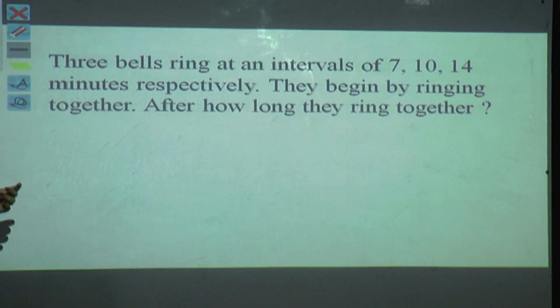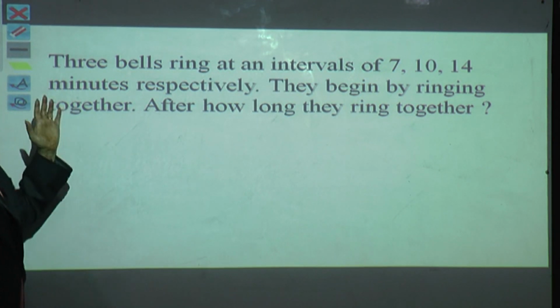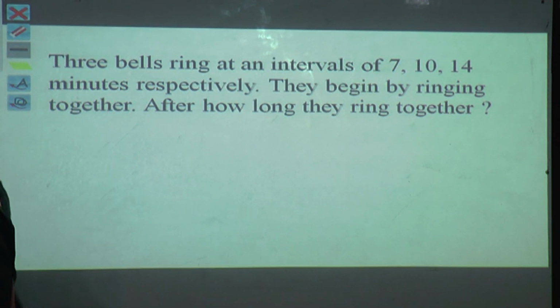So we have to find the time duration when they will ring together. These 3 bells ring at intervals of 7, 10 and 14 minutes respectively. They begin by ringing together. After how long do they ring together?